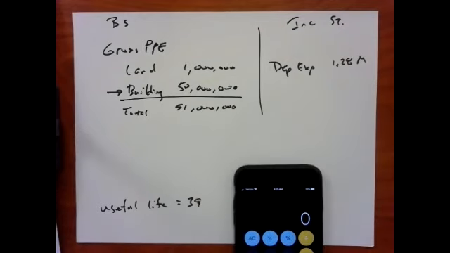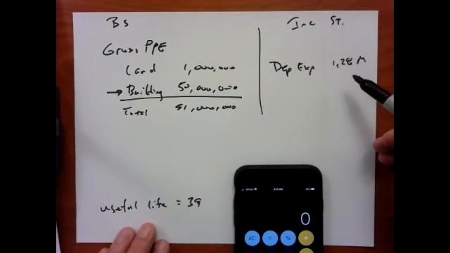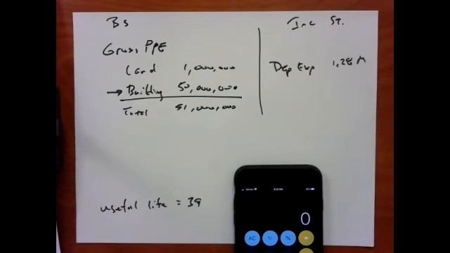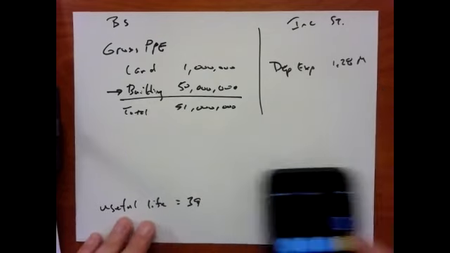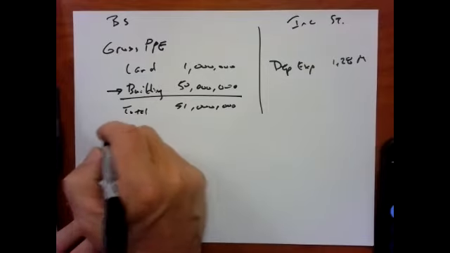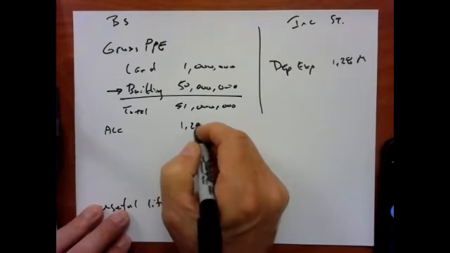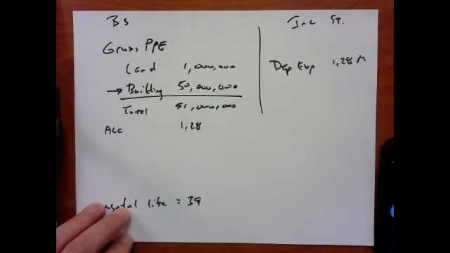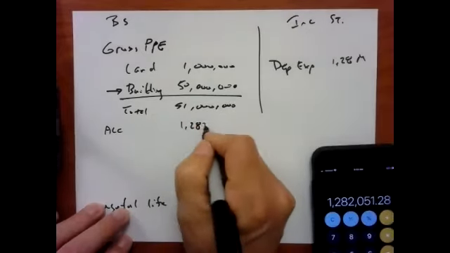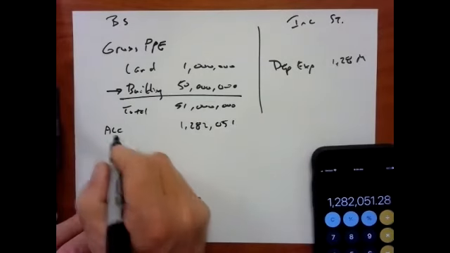So at the end of the year, we will have taken a $1.28 million depreciation expense. We then have accumulated depreciation after 1 year of 1.28, whatever it was, 50 divided by 39. It'll be a little more, 1.28205.